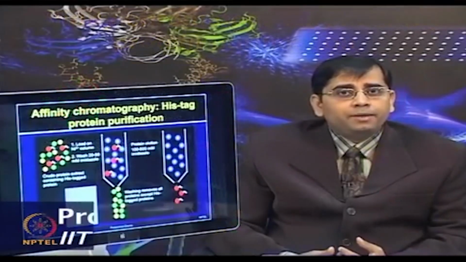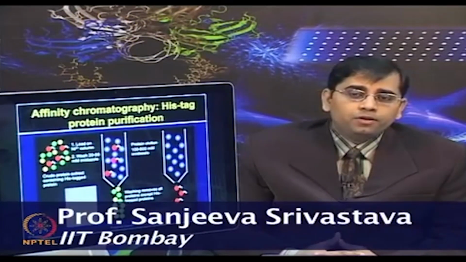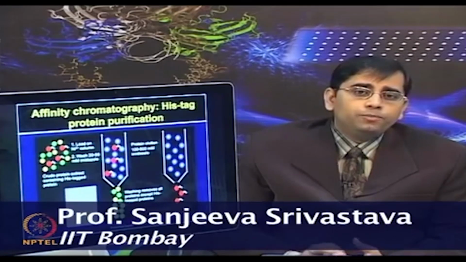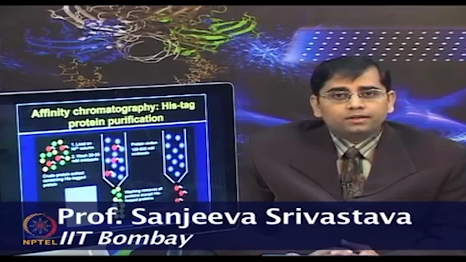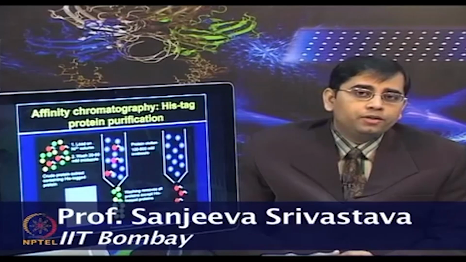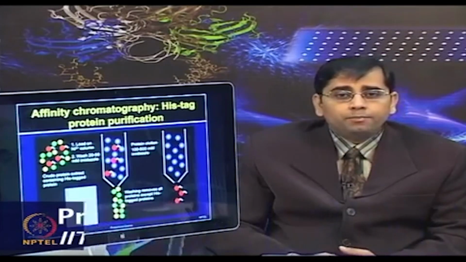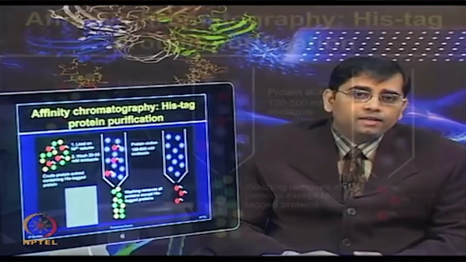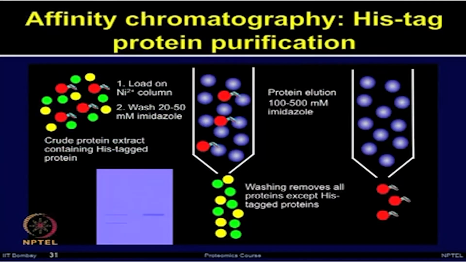The genetic engineering methods have made it possible to create fusion proteins, which show a strong affinity between the fused protein and the ligand. So, for example, as shown in this slide, the affinity of histidine tag with nickel NTA column.